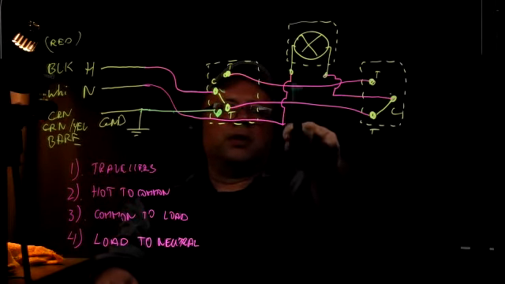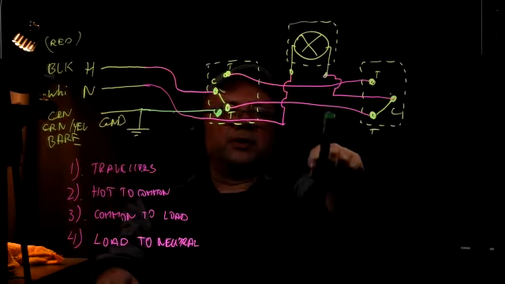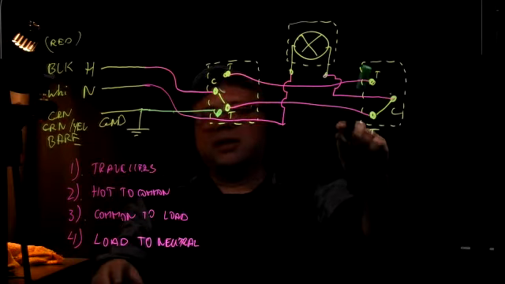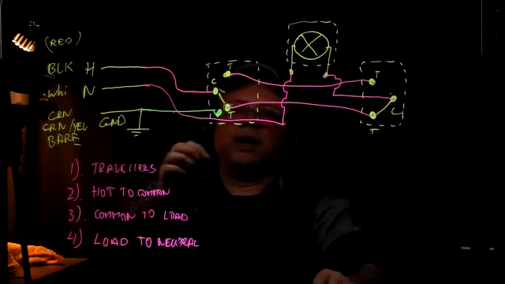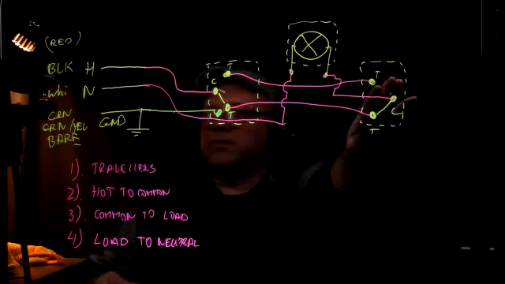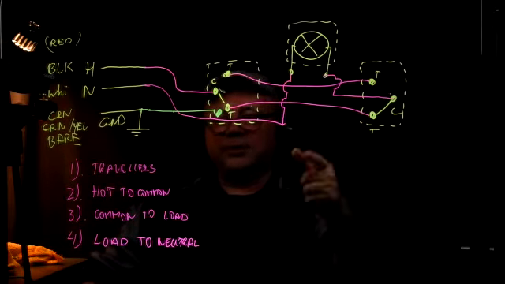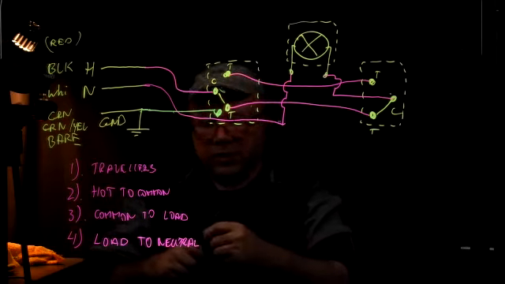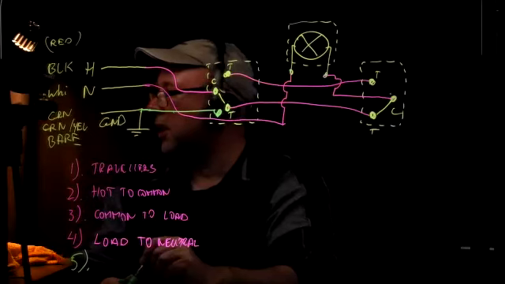So we are going to run that neutral here, maybe make a pigtail, and one side is going to go to the load, and the other side is going to continue to the other box. Even if it's not used, it just has to be there. So you're just going to take a wire nut, cap it, and have it sitting there. We're required to do that. The last thing we're going to have to check is 5. I'm just going to make a different color.